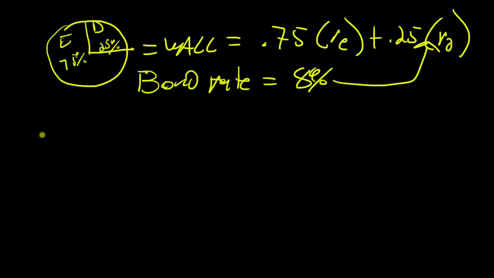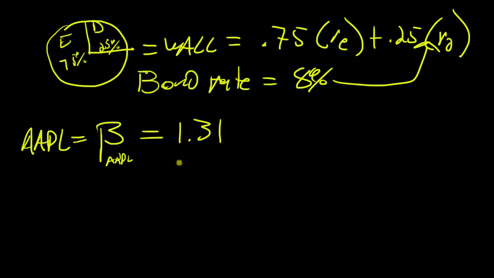So we go out to Yahoo Finance or Google Finance or whatever you want, and you look up, say, Apple's beta. Apple's beta, at least today, is equal to 1.31 more or less.